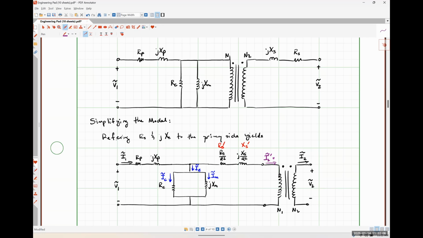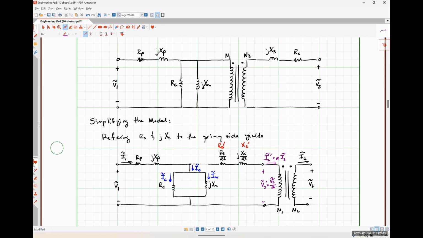We're just calling that voltage V1 connected to those left-hand terminals our primary voltage, and that current I1 flowing into those terminals our primary current. So this guy right here is just A times I2. And additionally, we're going to have a voltage here, V2 prime, that is just V2 over A.